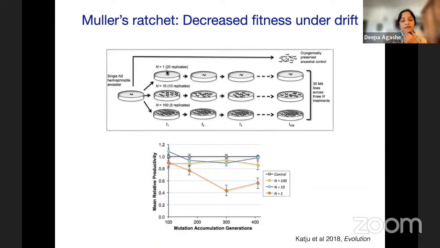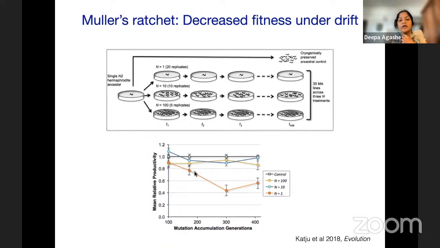So they tested this. They had bottlenecks of either 1 individual or 10 or 100 individuals at different transfers. And then they compared what happens to the productivity. So this is just how many offspring are being produced by each worm, measured at the end of this experiment. So after mutation accumulation generations, 100, 200, 300, 400, you find that maybe there's a slight trend in all these larger bottleneck size populations.